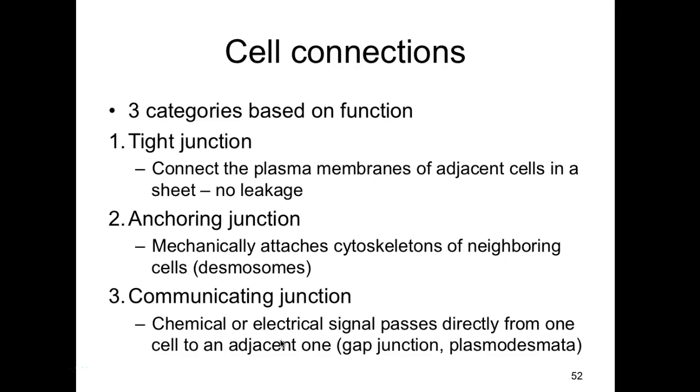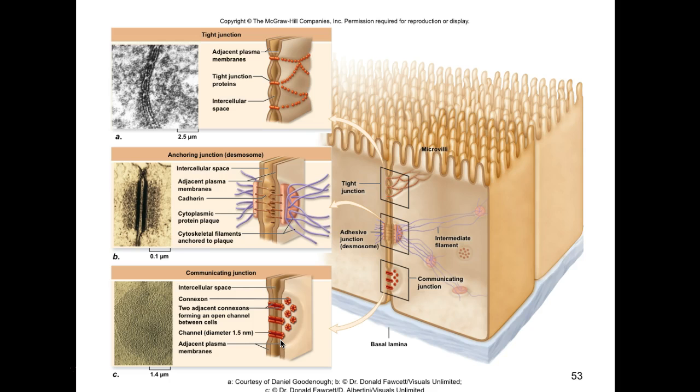In the plant cell, we call those communicating junctions plasmodesmata. The plasmodesmata are going to be found in the primary cell walls of adjacent cells. So they're those little channels that are going to allow things to pass through. So here you can see an example of tight junctions, anchoring junctions, and communicating junctions.